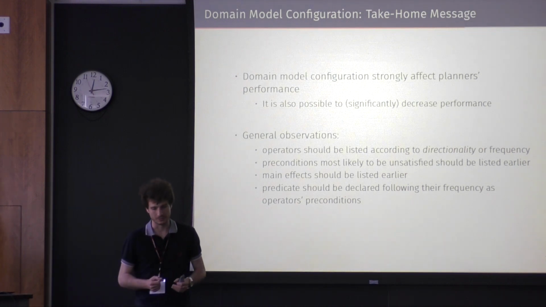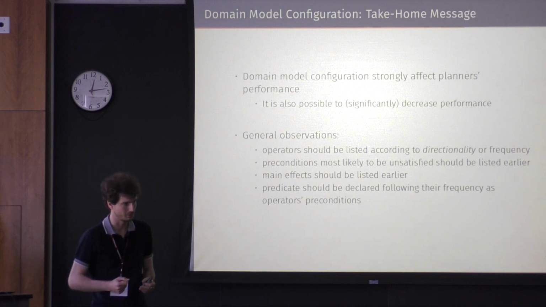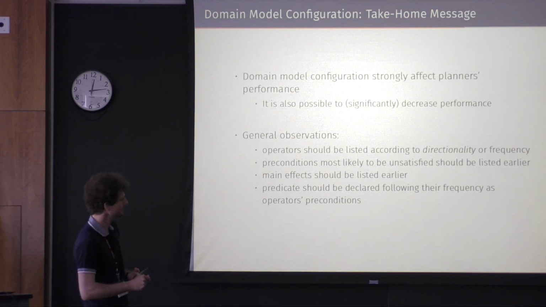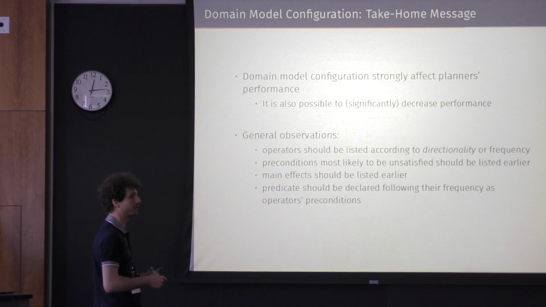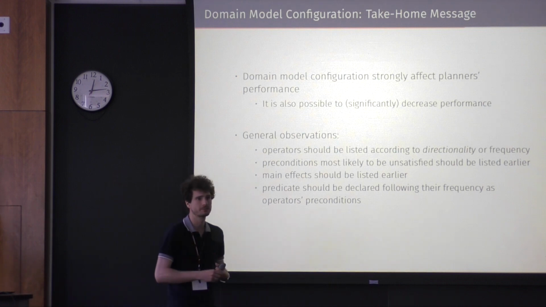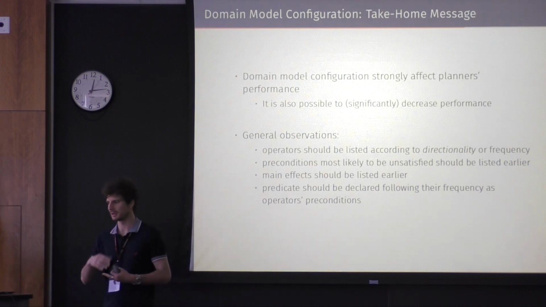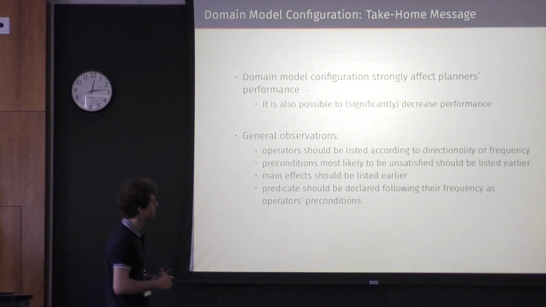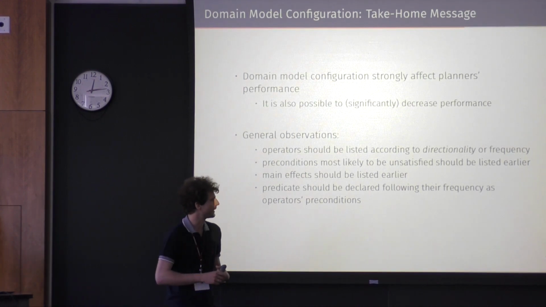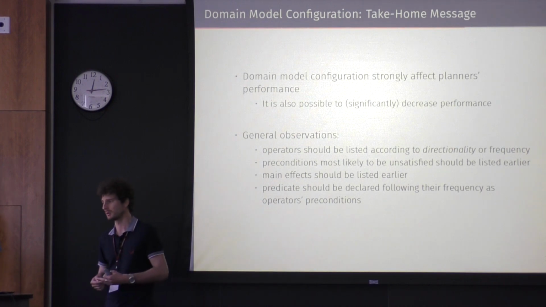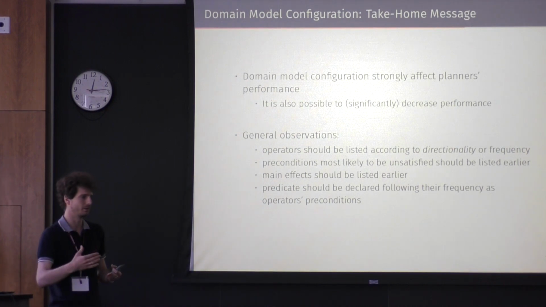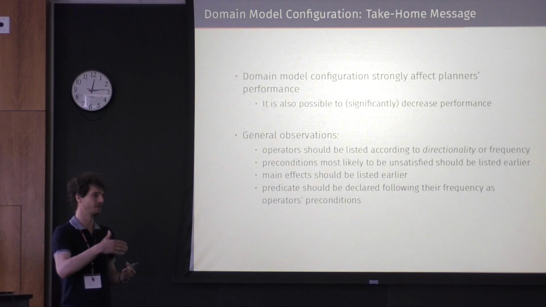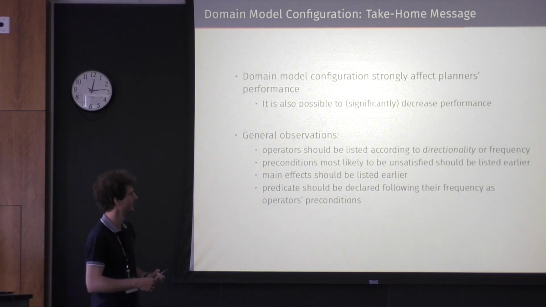Or in domains in which the directionality is not observable, it's better to follow the frequency. So operators which are expected to be used the most should be listed early in the model. And similarly, the precondition which is most likely to be unsatisfied should be listed earlier. That's probably because in that way it's easier and faster to check if you are failing in some precondition or not.